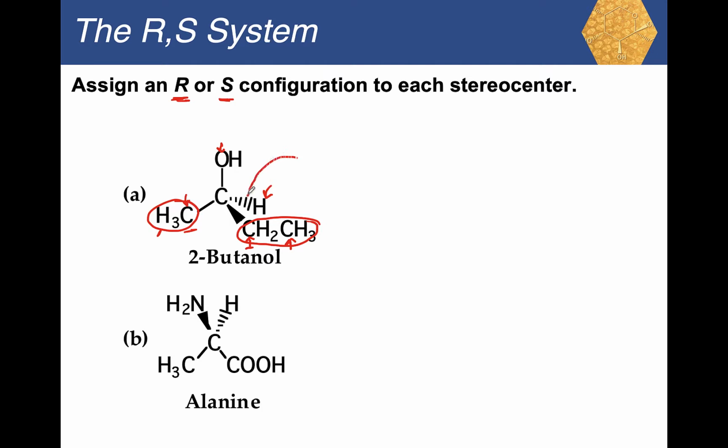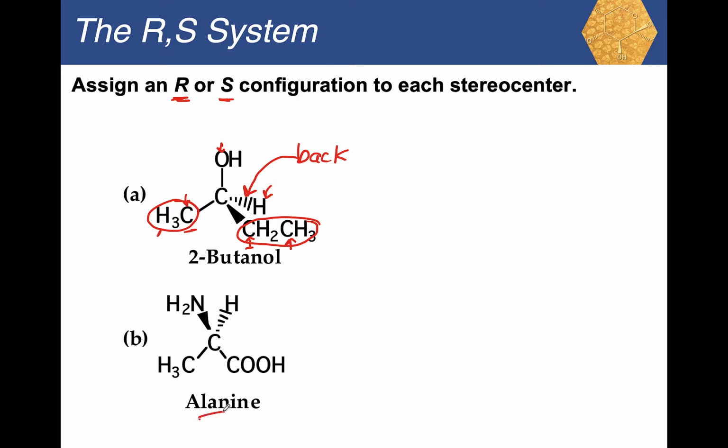An important observation is that this is in the back. So whenever you trace that, you will just make your conclusion based on, is the tracing from 1 through 3, is it clockwise or is it counterclockwise?